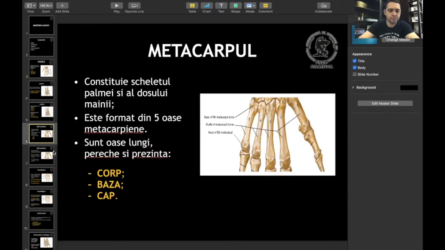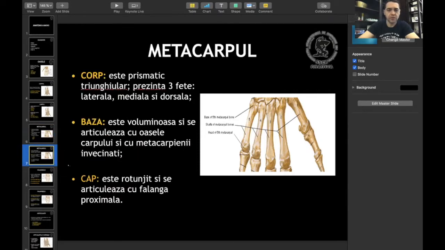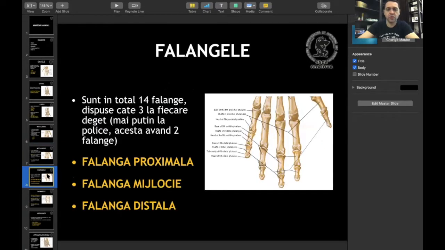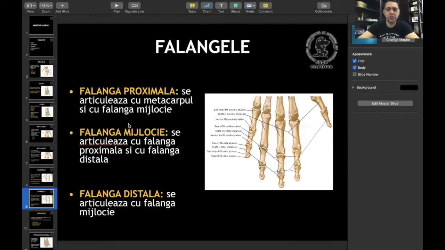Now, we will pass these slides with the metacarpal bones. Now we see the phalanx, as I told you.